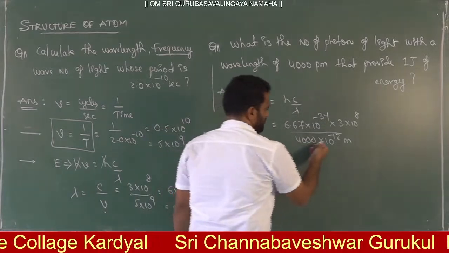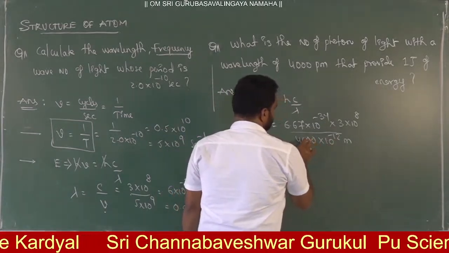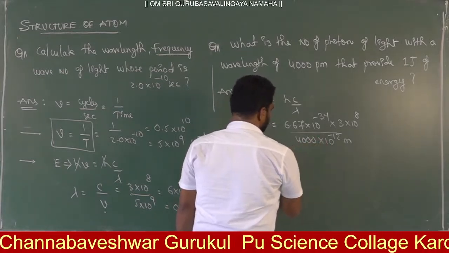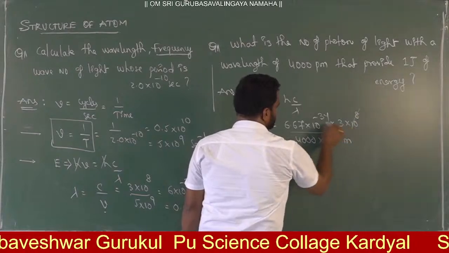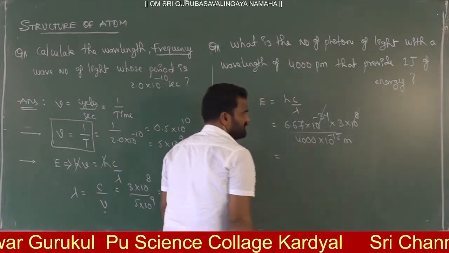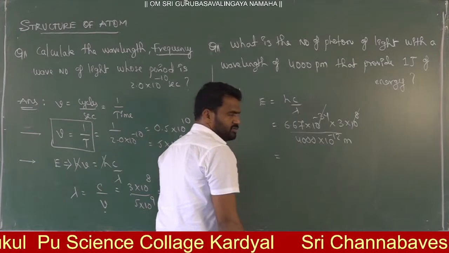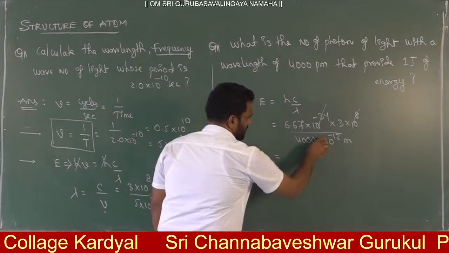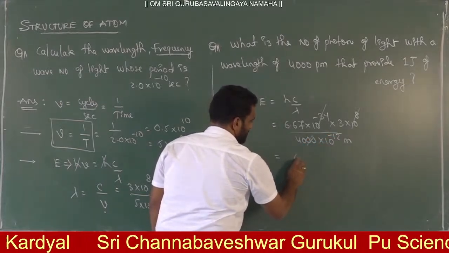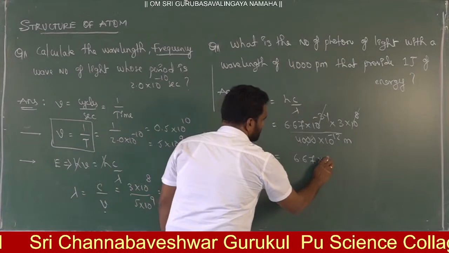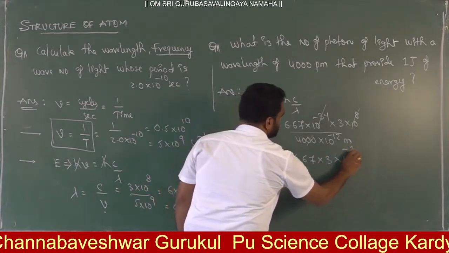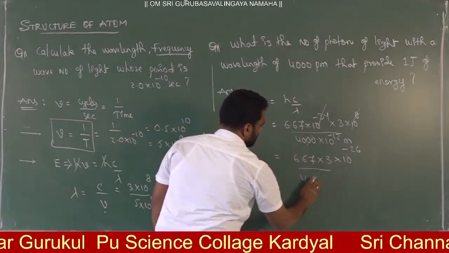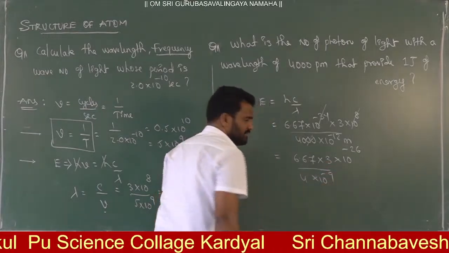Now if you simplify, what will you get? Here 8 and here 8, then the remaining is minus 26 and here 12. Here 3 and here 3. So you get 6.67 into 3 into 10 power minus 26 upon 4 into 10 power minus 9.